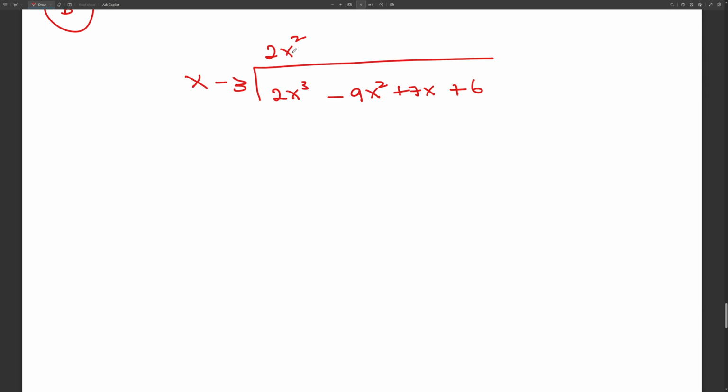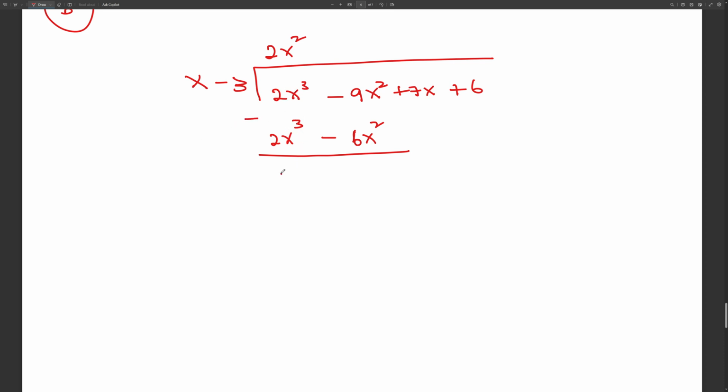So I get 2x squared multiplied by x, which gives me 2x cubed, and then 2x squared by 3. Of course, there's a negative sign in front, so I'm going to say negative 6x squared. Draw a line, put my minus sign here and subtract these two.